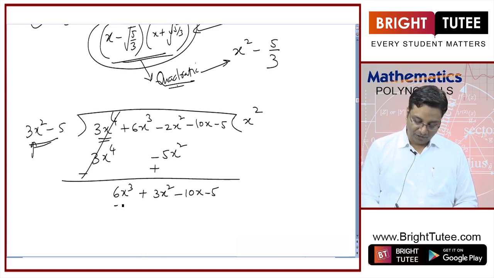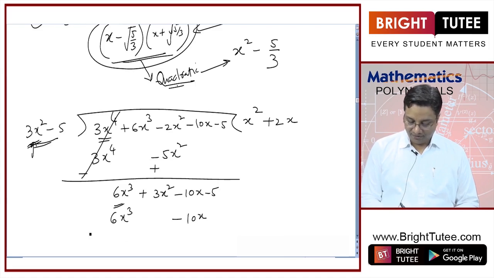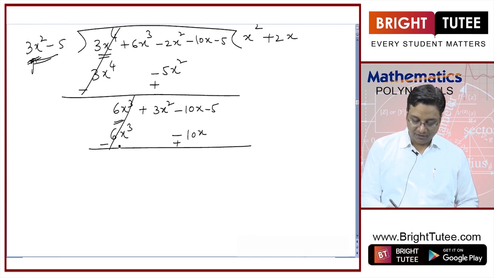Okay. Now this term from this term will get created by multiplying by plus 2x. So it will give me 6x cubed. And the other term that I get here is minus 10x. So minus 10x I write here. Now subtract. This will get cancelled, this will get cancelled.